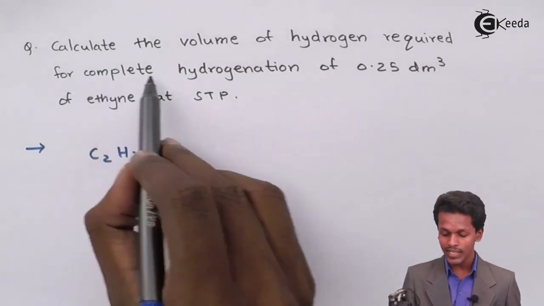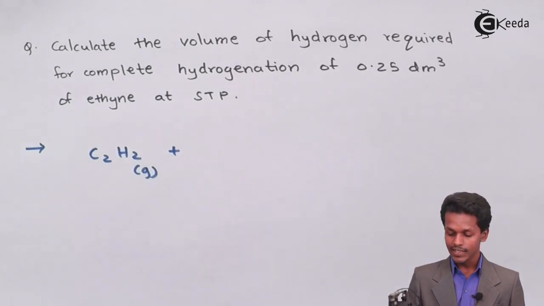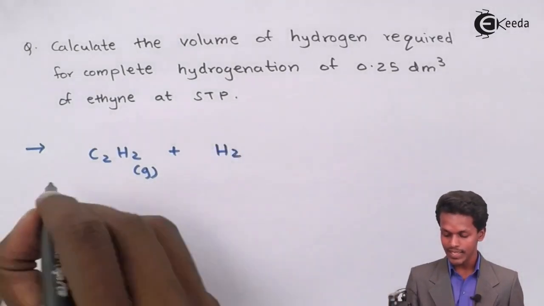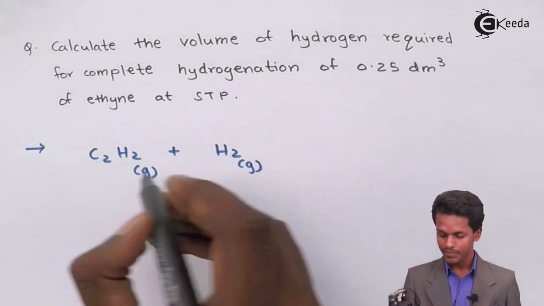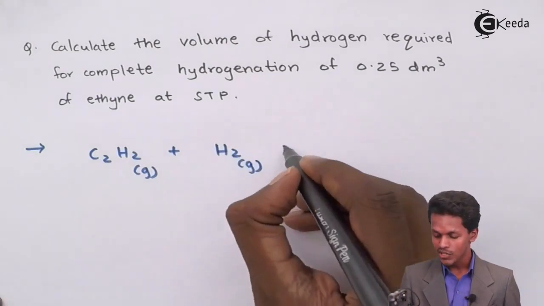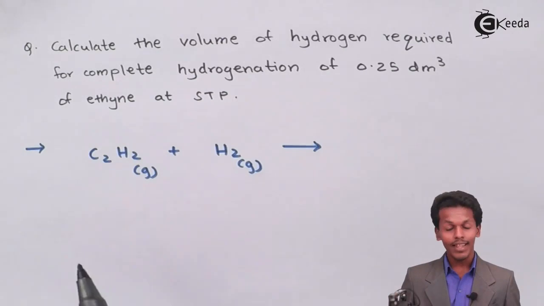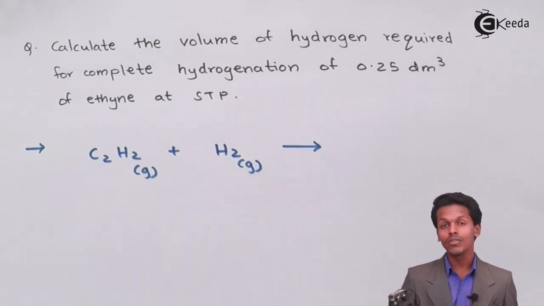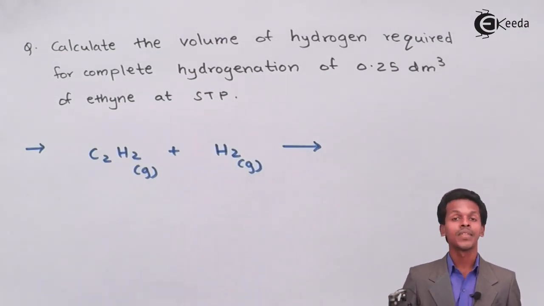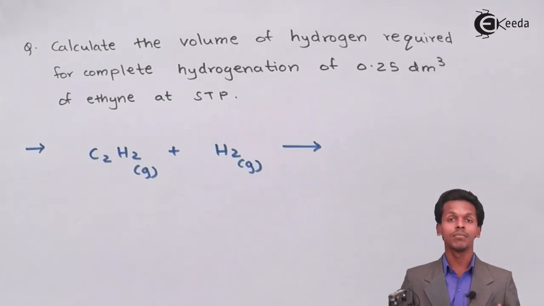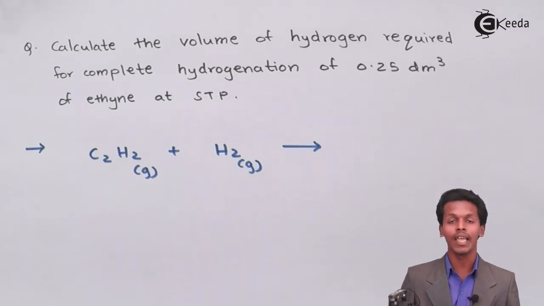I could write the product as ethene also. Why? Because when hydrogenation takes place only one time, ethene is produced from ethyne.